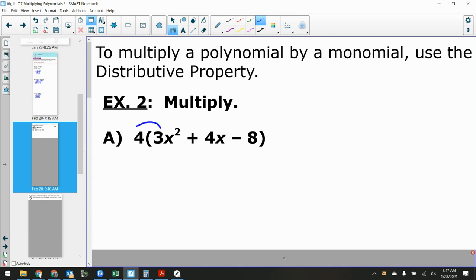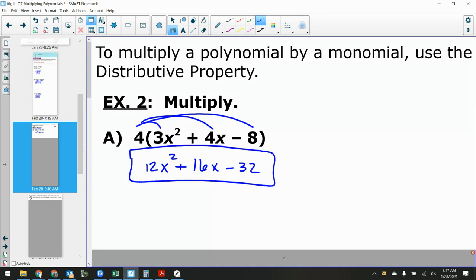We distribute this 4n. We got 12x squared, 16x, 32.